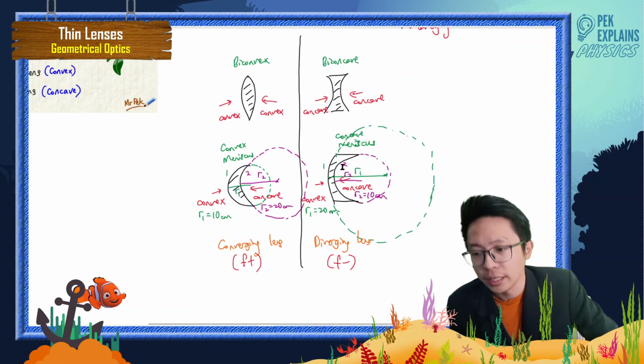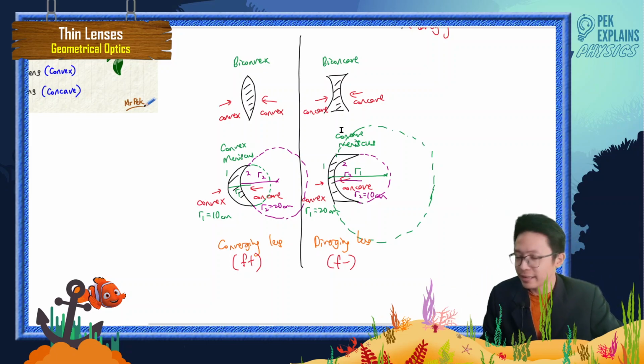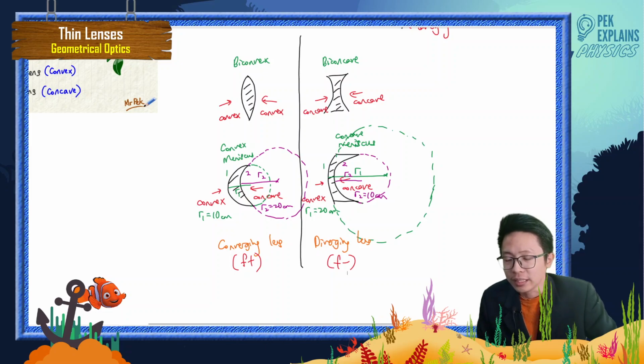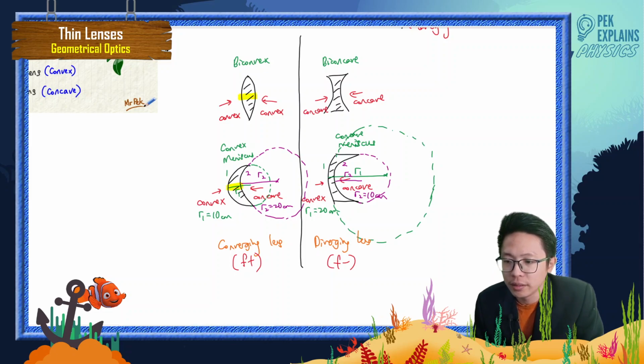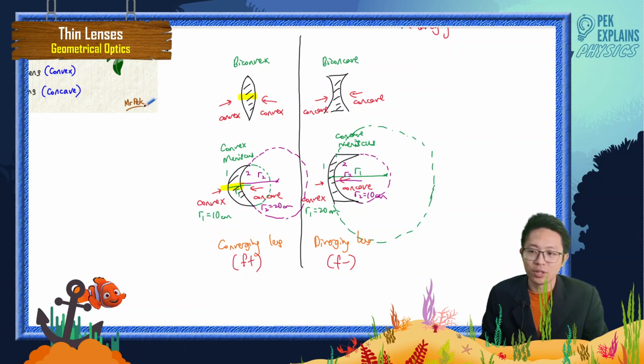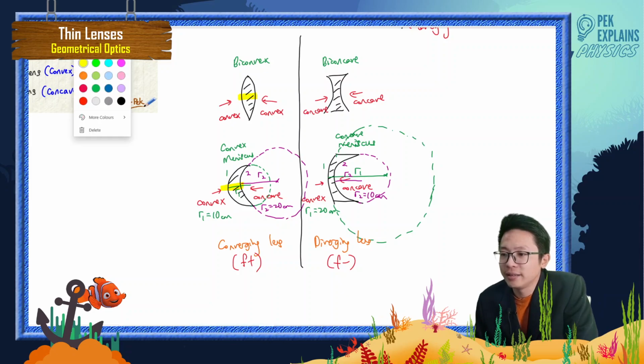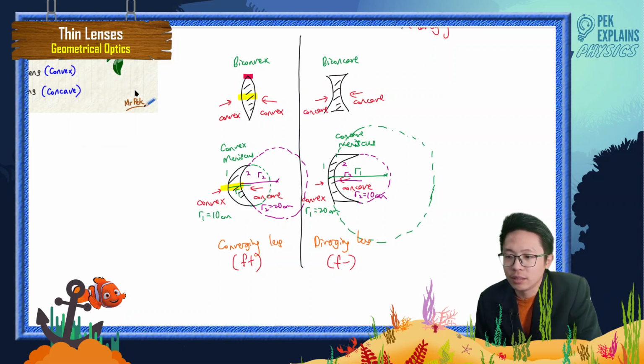That's two ways. Now, another way to detect whether F is positive or negative is just to compare the center of the lens and the side. You look at here. This one at the middle is thicker compared to the side. The side means over here, at these two sides.